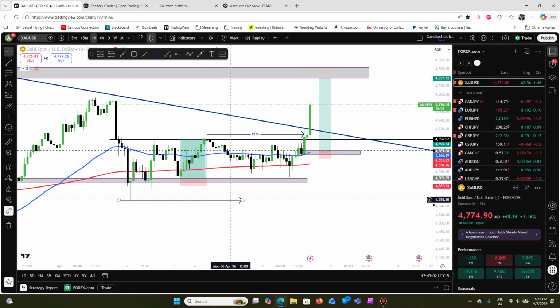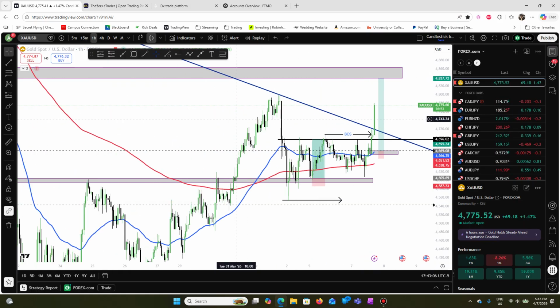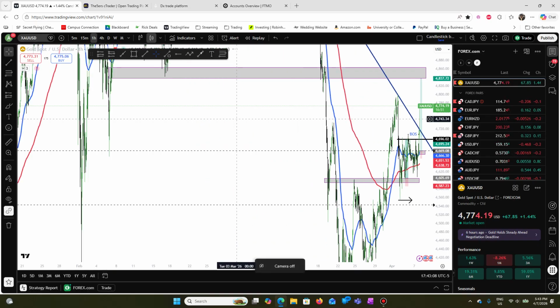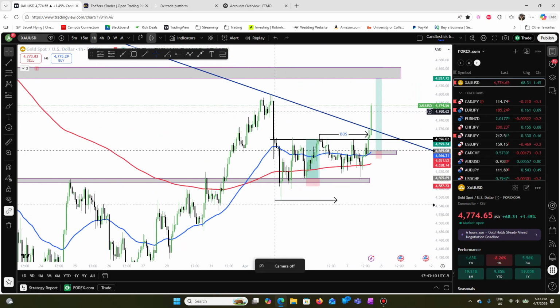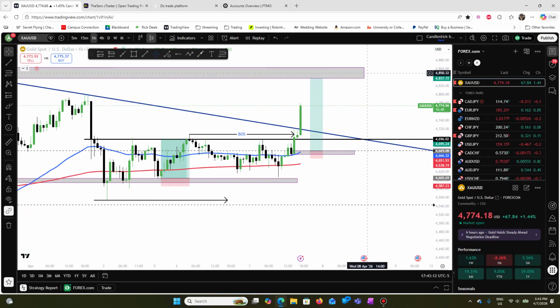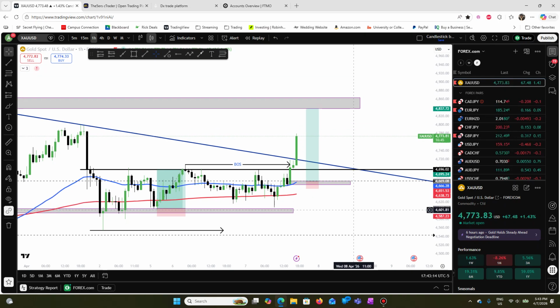But since this is a higher low, it's going to make a new higher high. So probably back to this level. So we're going to probably make a higher high at this level is what I'm looking at. And at the opening of the market, we're already halfway through the journey.